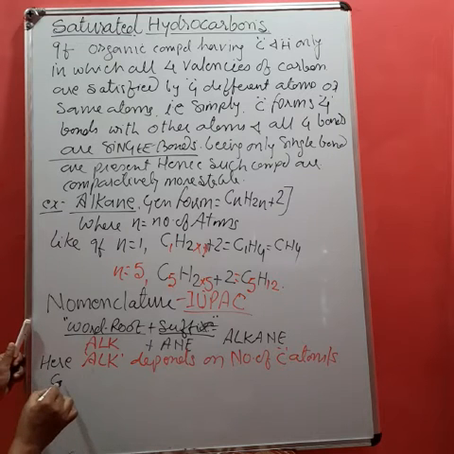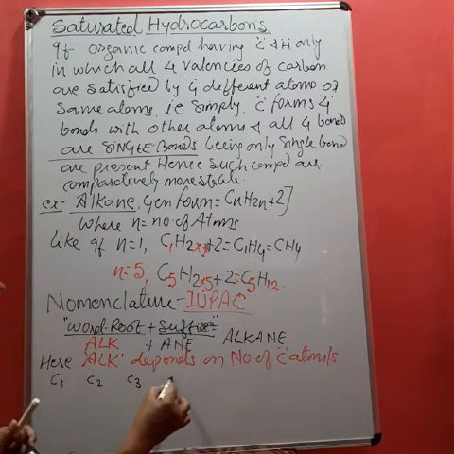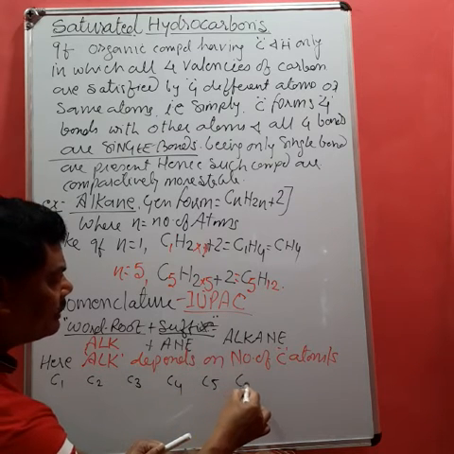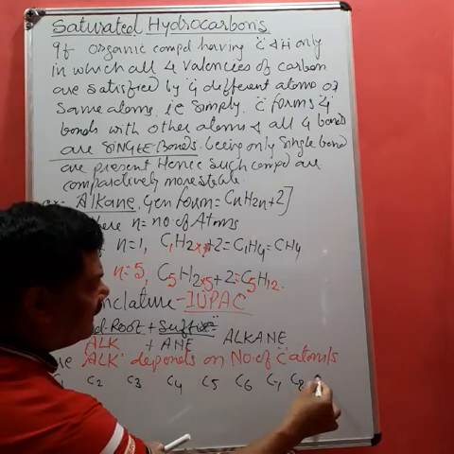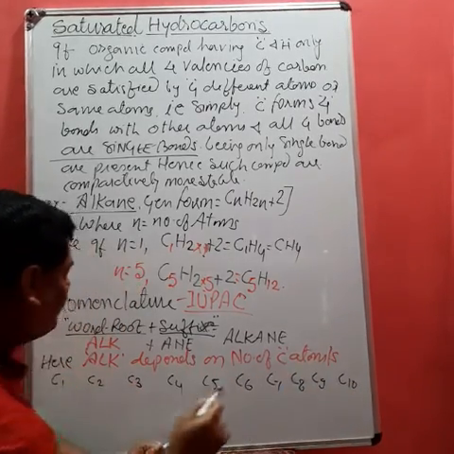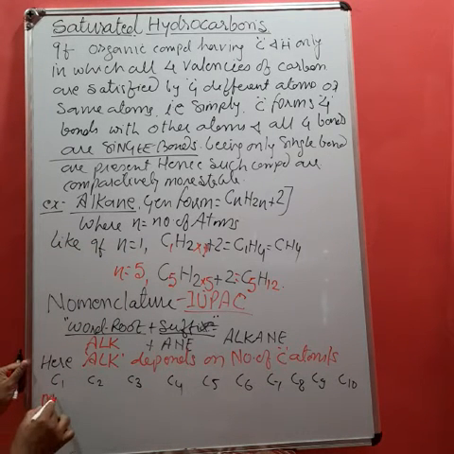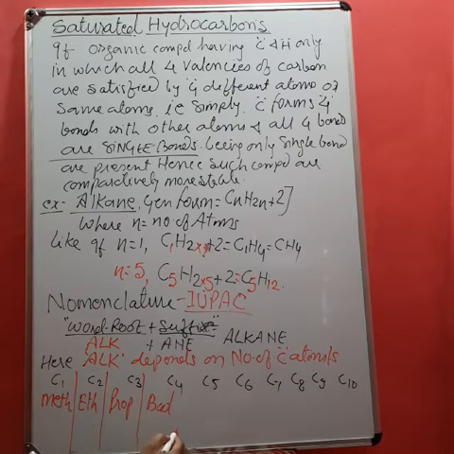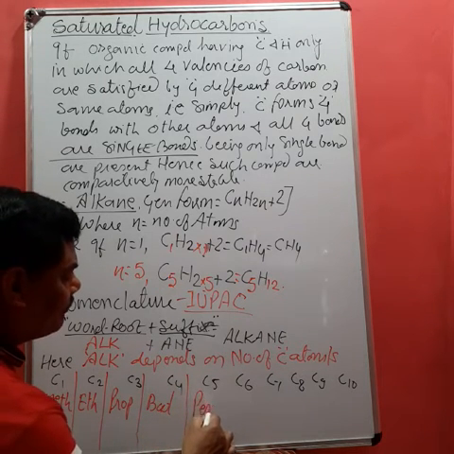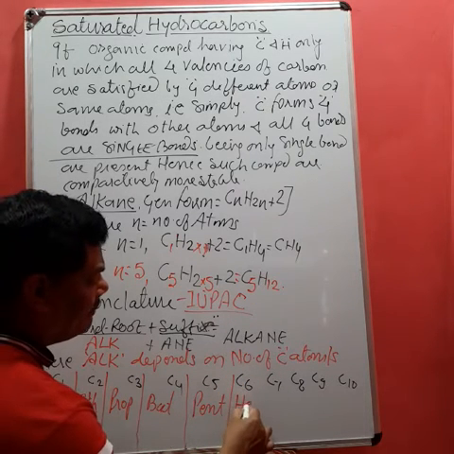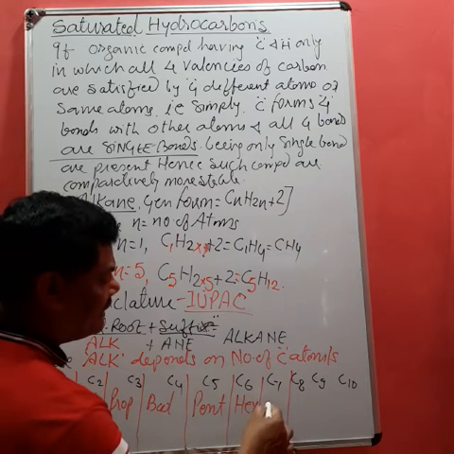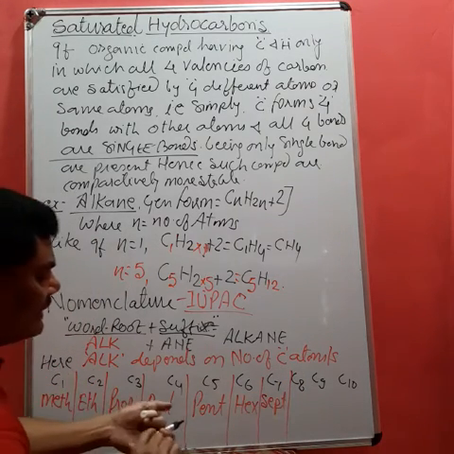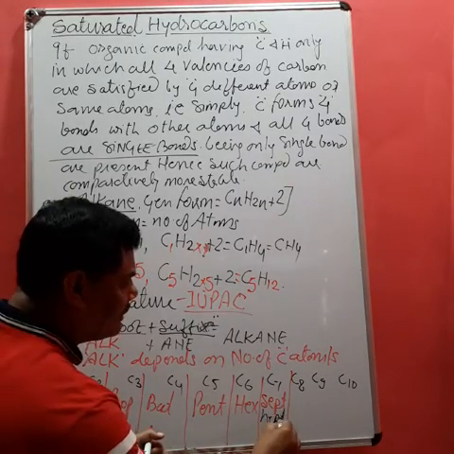Like if C1, C2, C3, C4, C5, C6, C7, C8, C9 and C10, then C1 is given the name meth, C2 is given the name eth, C3 is given the name prop, C4 is given the name but, C5 is given the name pent, C6 is given the name hex, and C7 is given the name hept.